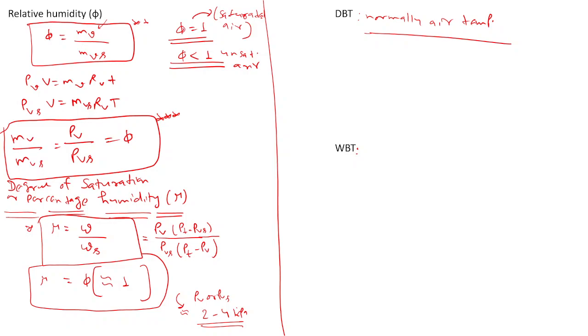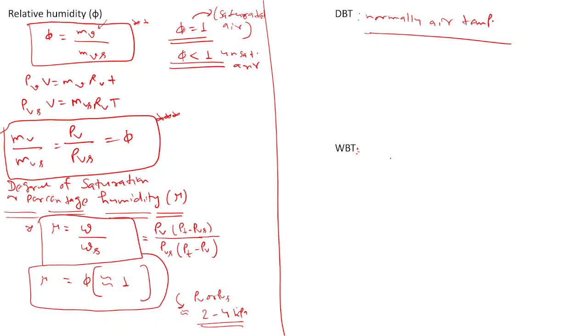Air would be passing through that wet cloth, and that would be measured by the thermometer. Okay, wet cloth, fine. Actually, what happens when it is happening? That I am saying. Water evaporates, and while it's evaporating, it takes latent heat from the thermometer, and that's why temperature reduces. Okay, so definition is fine.